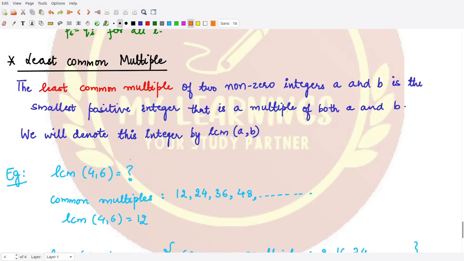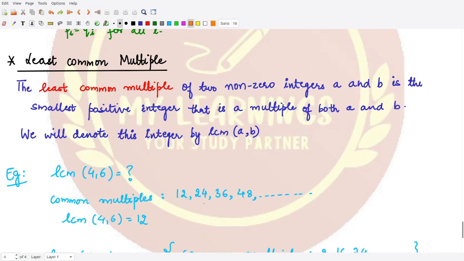So for an example, let's take 2 numbers 4 and 6. We first of all have to list down their common multiples. What are the common multiples? The numbers which are divisible by 4 as well as 6, right? So 12 here is a number which is divisible by 4, because 4 divides it 3 times, and it is also divisible by 6 because 6 divides 12 by 2, right?